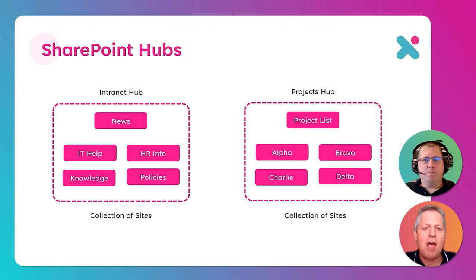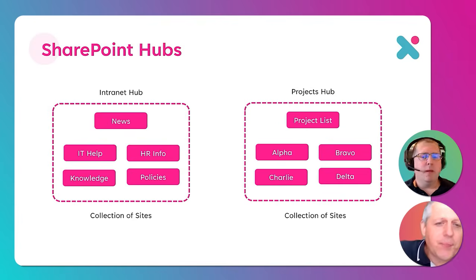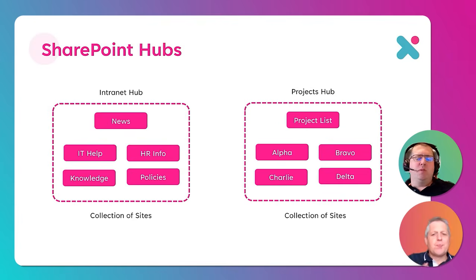So that makes sense. Ben, anything else you want to talk about in terms of how we've grouped these sites together? Yeah, I think the key thing is the difference between these two: the intranet hub is very much focused on publishing scenarios. The projects hub is much more focused on collaboration scenarios.